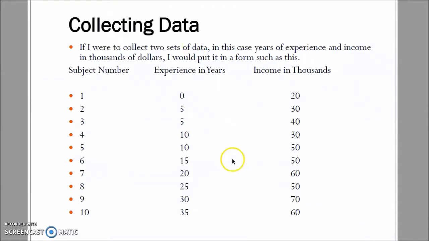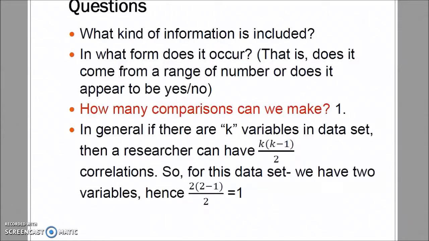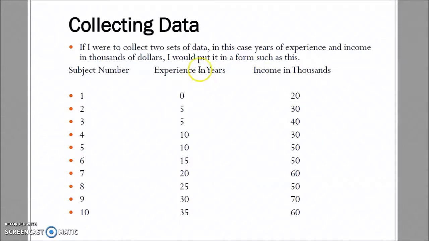Here is one of my data sets, which has experience in years and then income in thousands. This is just the subject number. If I look at this data set, what kind of information is included? The experience in years is given, income in thousands is given.